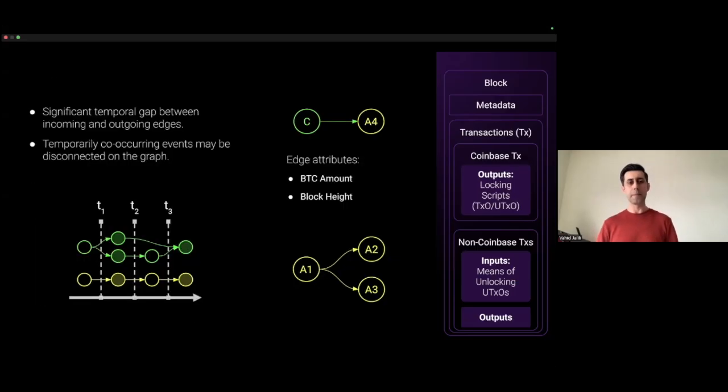The second point is, if you're looking at the temporal behavior of a specific script, or if you're trying to model the behavior of a specific person, like the temporal behavior of individual X, you can walk on the graph with all the transactions.